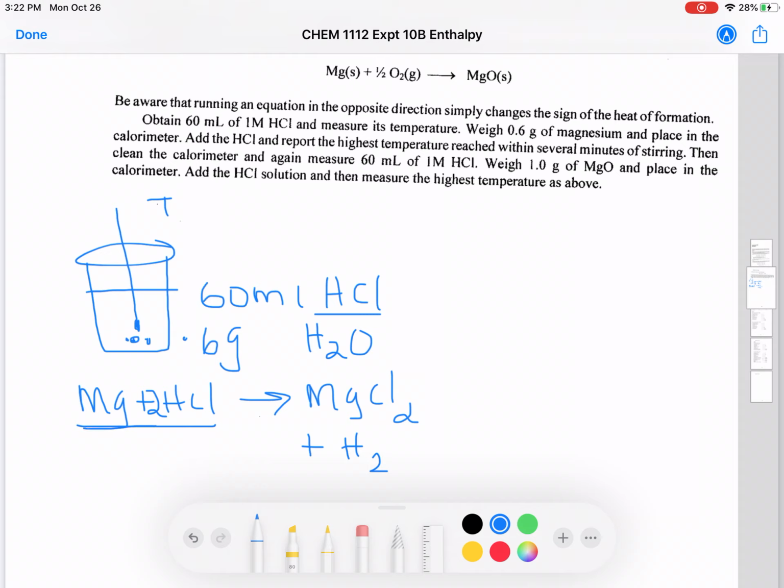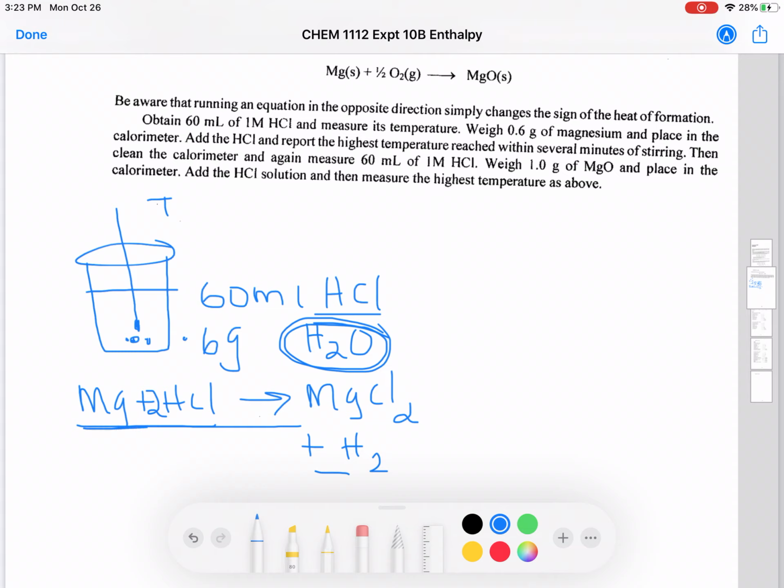So when this reaction takes place, the water in the hydrochloric acid absorbs that heat, and as a result you will see the temperature increase. This temperature increase is felt by the water.